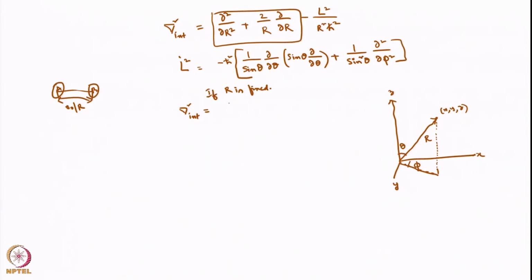So, that will be equal to minus L square by r square h bar square, which I will call the rotational Hamiltonian, H rotational, under the rigid rotor approximation.